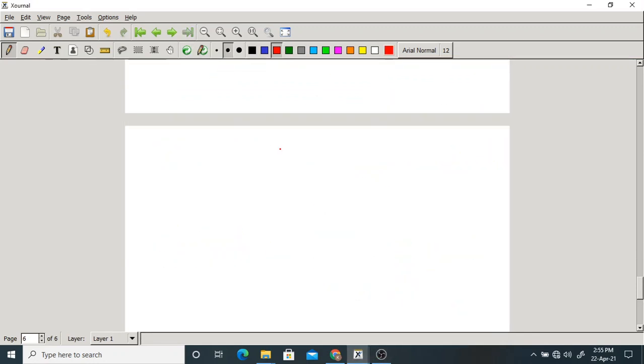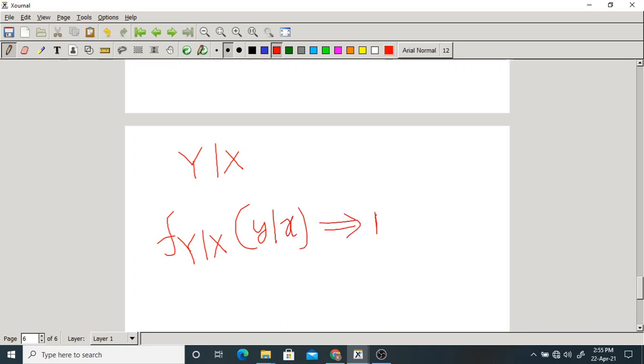Now they are talking about conditional PDF, because they are generating y upon observing x, which means they are talking about y given x. It is following a normal distribution, but what is the mean? 0. What is the variance? The variance is x plus 1.